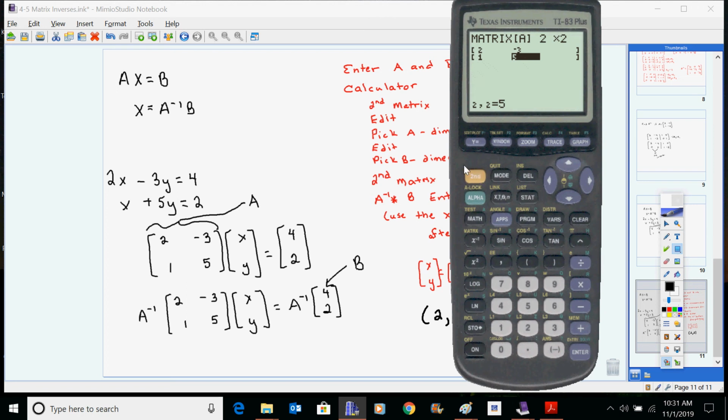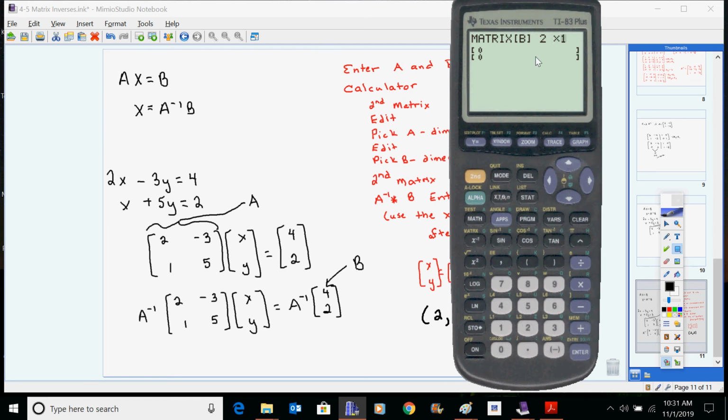And then you want to add in a matrix B. So we're going to go back into taking a look at our matrices. We're going to edit, but make sure you go down when you edit to matrix B. What are the dimensions of this matrix? 2 by 1. Good.